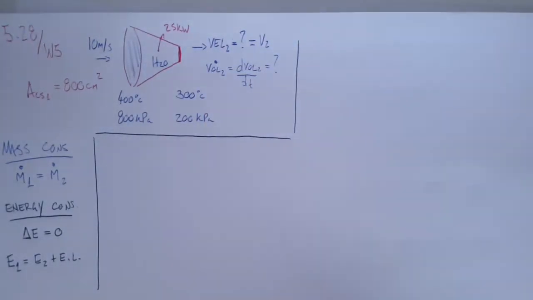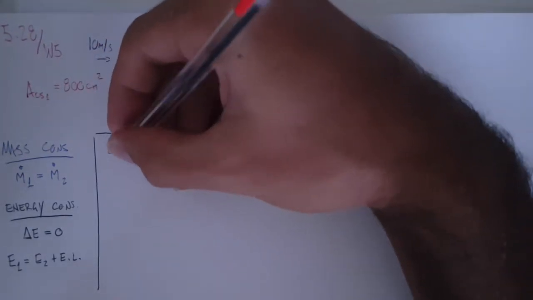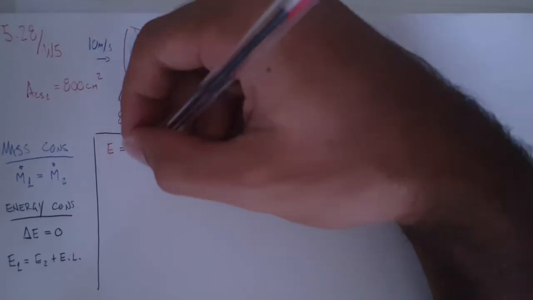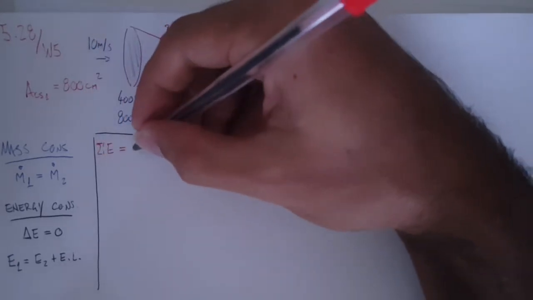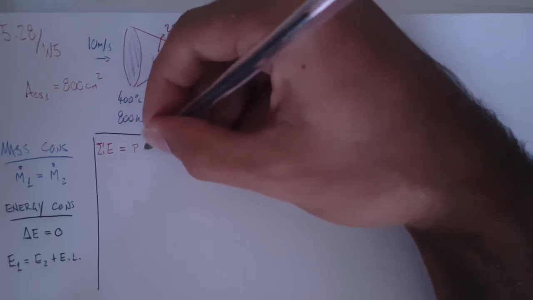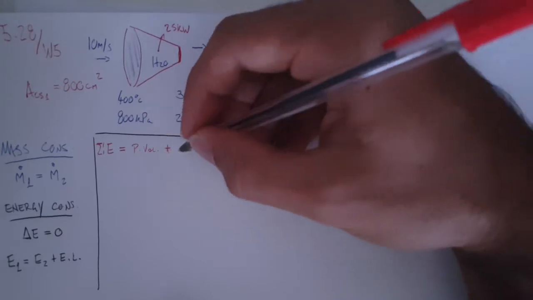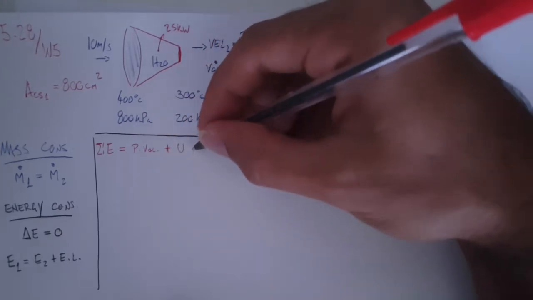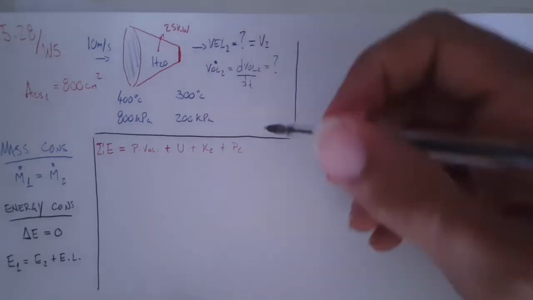The energy on any of these states, of any moving fluid actually, we can break down the whole energy, the sum of all the energies, as pressure volume, right? So that's pressure energy of the fluid, the internal energy of the fluid, the kinetic energy, and the potential energy.